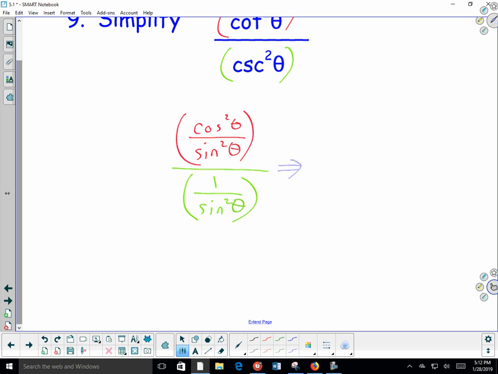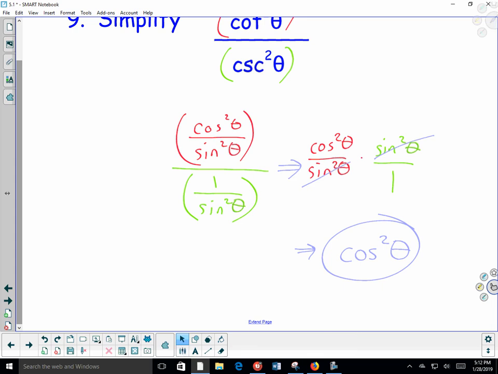So I could rewrite this as cosine squared theta over sine squared theta times the reciprocal, which is sine squared theta over 1. I'm being a little sneaky about this, but then the sine squared thetas will divide out, and we're just left with cosine squared theta as our simplified answer.